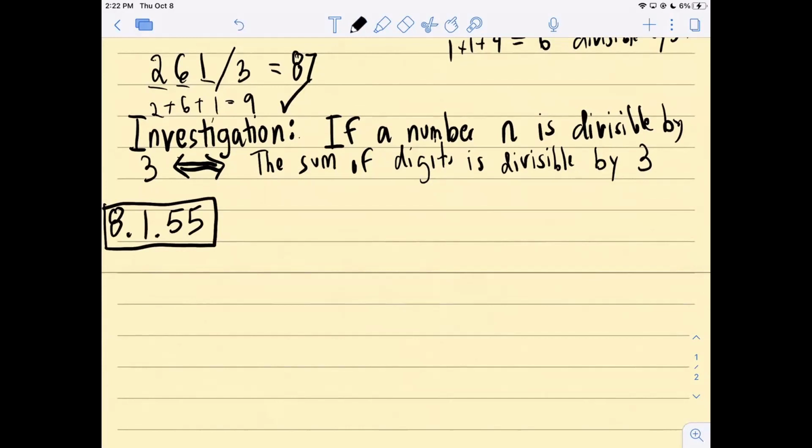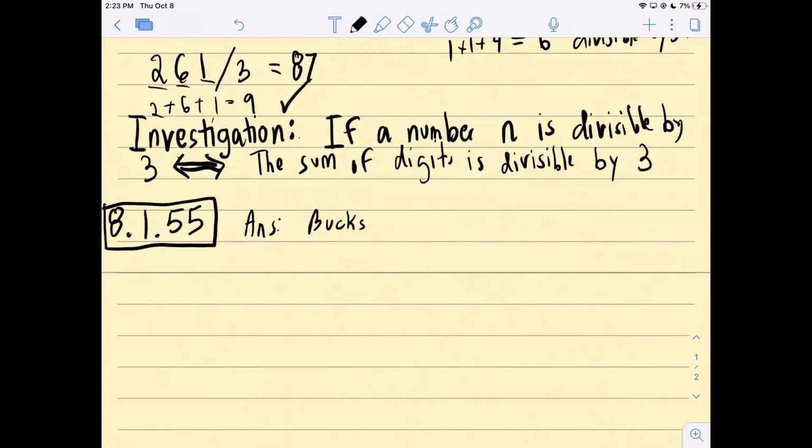This one is: write a problem that has a system of two equations, and you want the answer to be the Bucks. This is kind of like a Jeopardy question. They give you the answer, and you have to come up with the question.